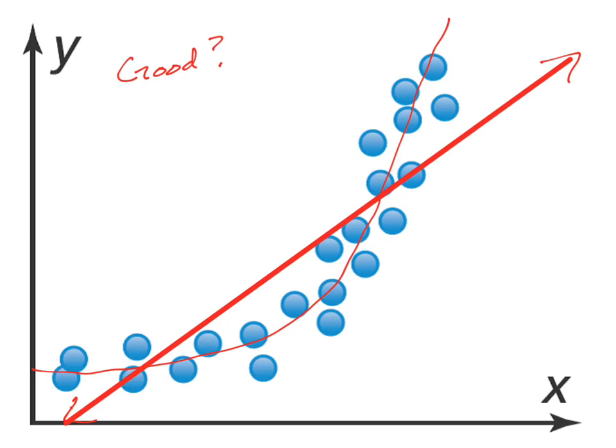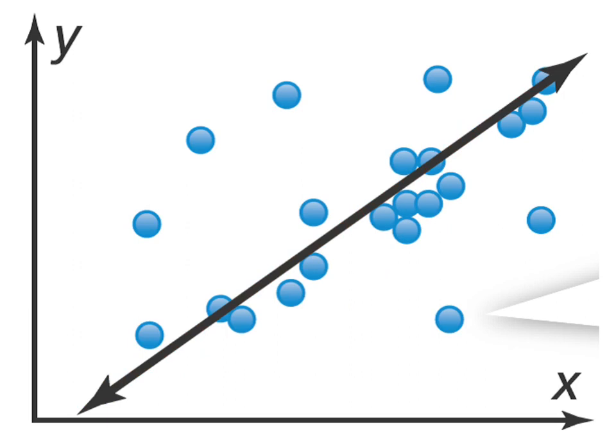A line is not a good fit for an exponential. So this one's not that great, though it kind of works in this section, but it doesn't work for the whole thing. Well, is this line a good fit for the data? Well, this one is going to be a good fit.